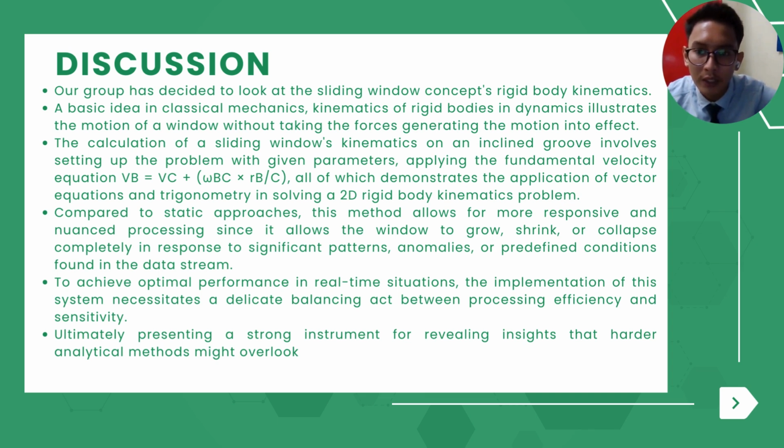So the calculation of the sliding window kinematics on the inclined groove involves setting up the problem with given parameters and applying the fundamental velocity equation VB equals VC plus omega BC times RBC, which demonstrates the application of vector equations and trigonometry in a 2D rigid body kinematics problem.